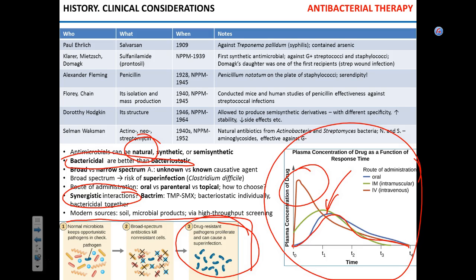To which one are the microbes likely to have resistance? To the natural one or to the synthetic one? Exactly, natural. Can you explain why? Exactly, because they've seen it before.